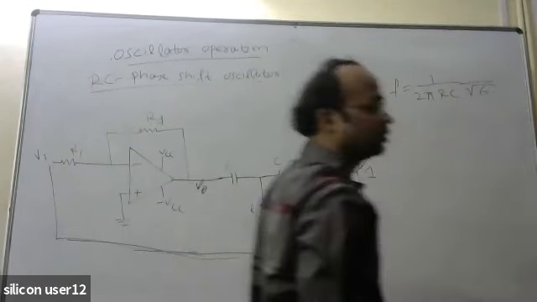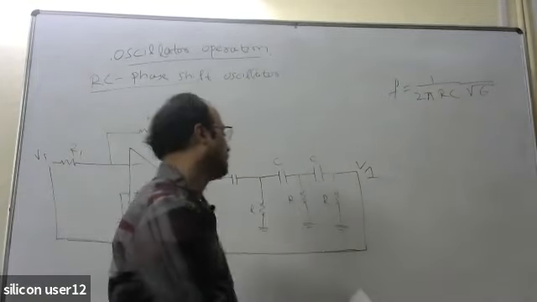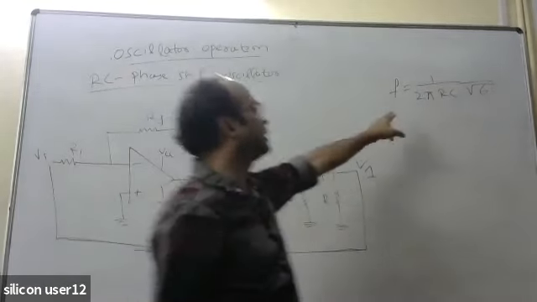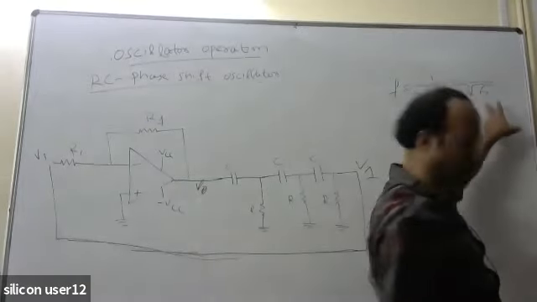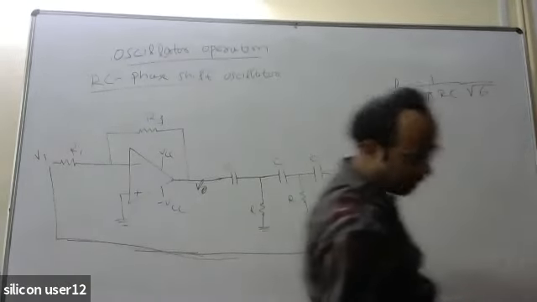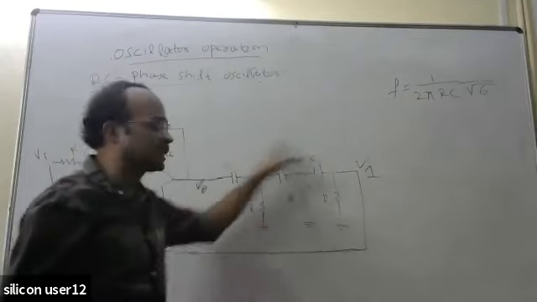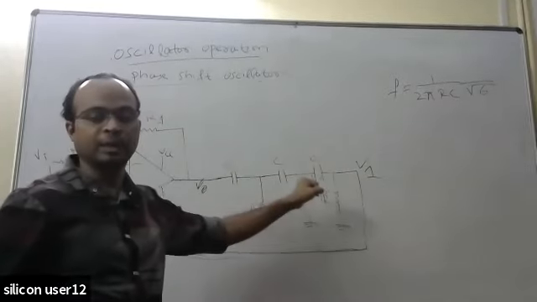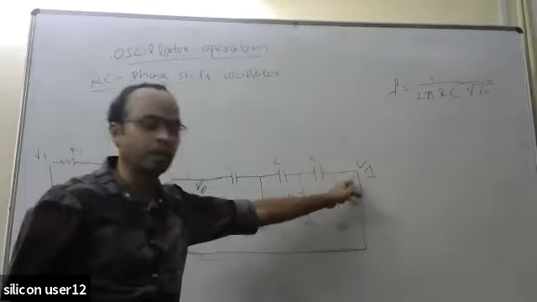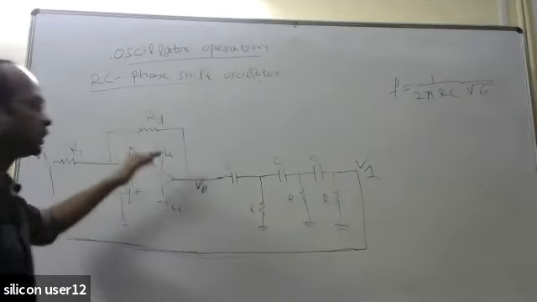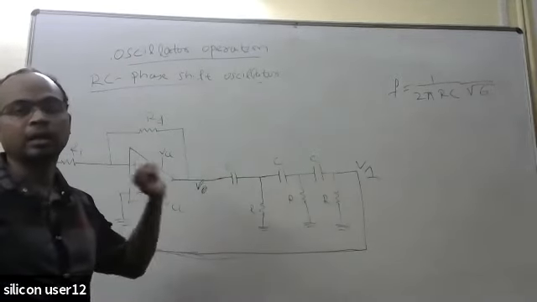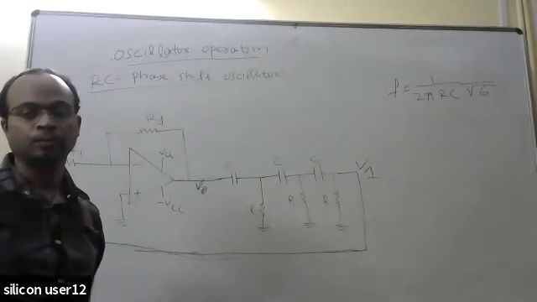There is a big derivation, it's not needed for you. For this particular frequency, the RC network will make a 180-degree phase shift. That means that particular frequency will be in phase with the input signal, so it will be amplified, and that will occur at the output as the oscillator output.